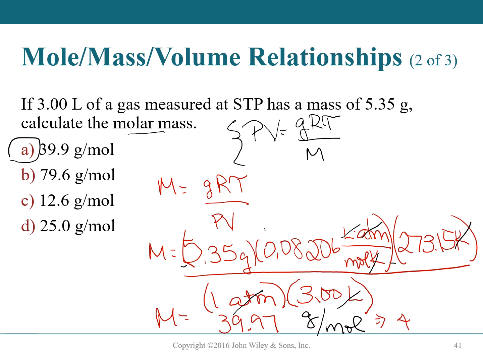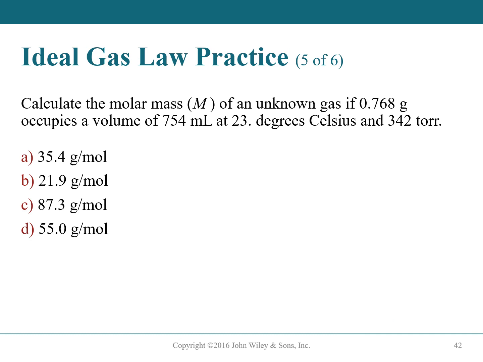So, now why the difference? It has to do with the rounding errors that we introduce when we only use 3 significant figures for our molar volume. So, essentially, you get your 39.9. So either approach will work.